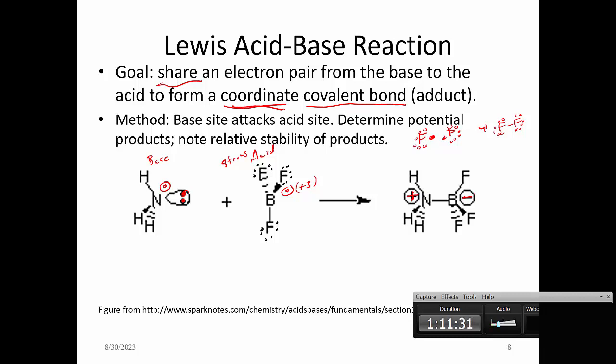So that's good. That would be correct. It is being positive. The more positive it is, the better electron pair acceptor it is, because the more it wants negative electrons. And so that makes it a Lewis acid. But there's something else that makes it a Lewis acid. What is it? Can you see it?